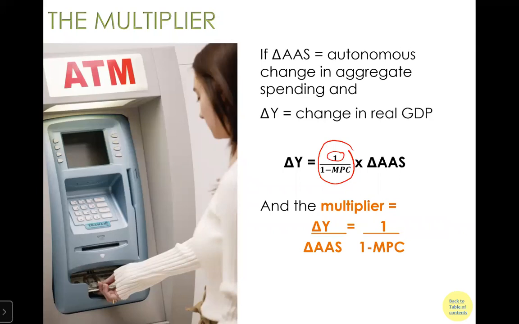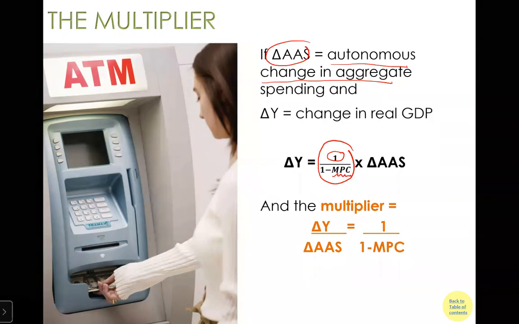It's depending on marginal propensity to consume, right? And here we define AAS as autonomous change in aggregate spending. Actually, that's just the initial increase in spending.